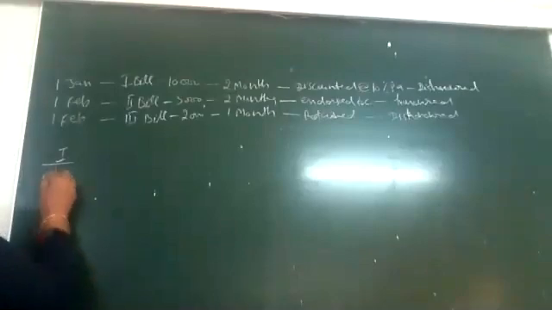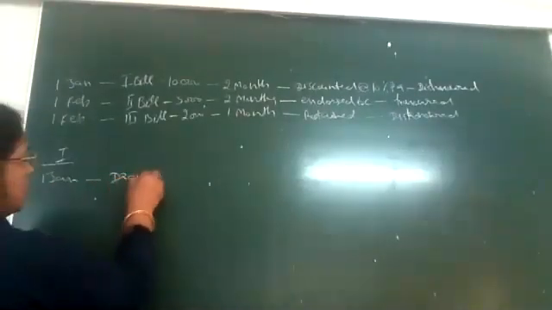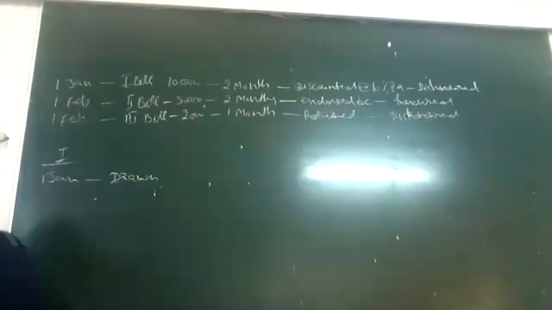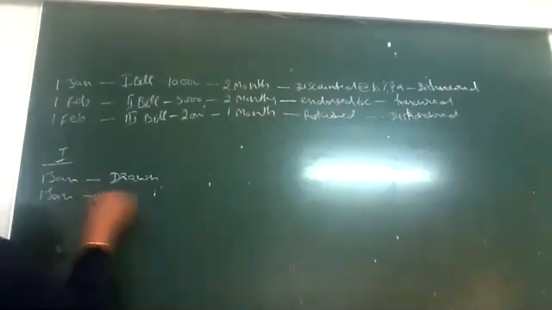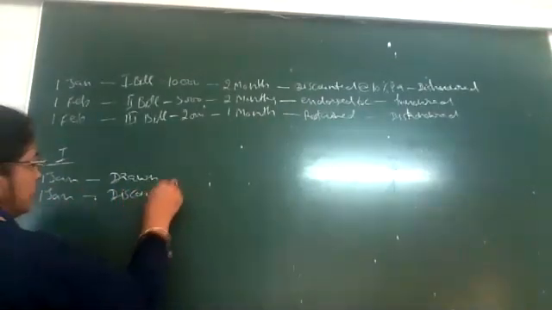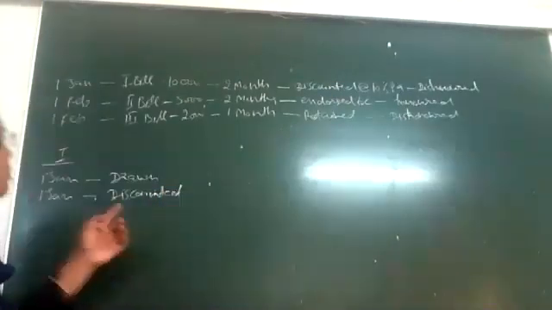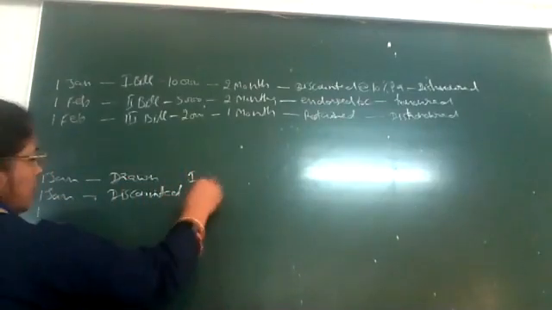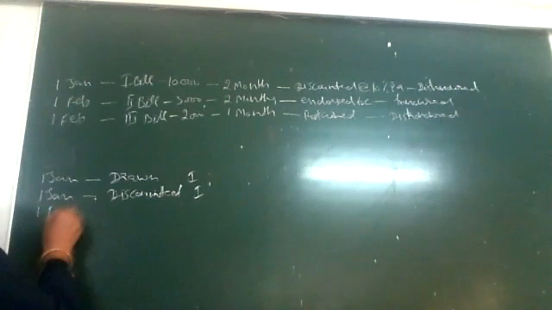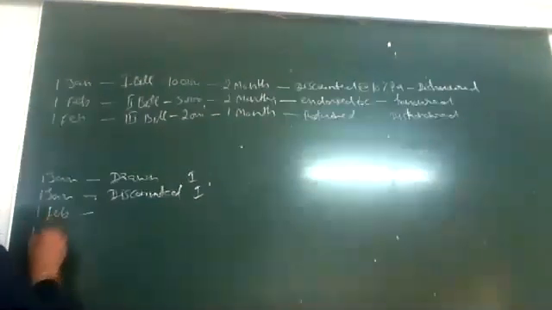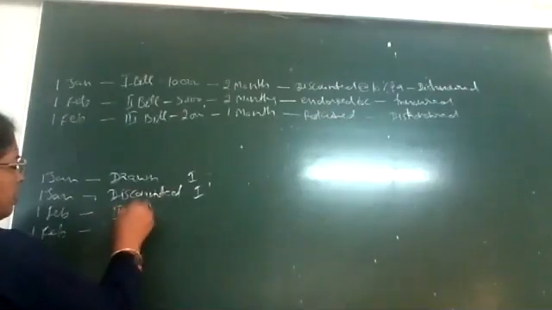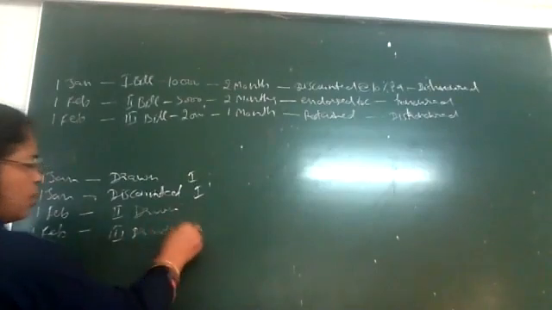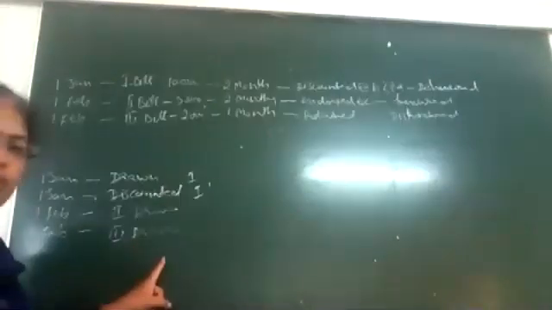On 1st January, first of all, we will make the entry for drawing the first bill. Then on 1st January only, it was discounted. On 1st of February, the second and third bills were drawn.